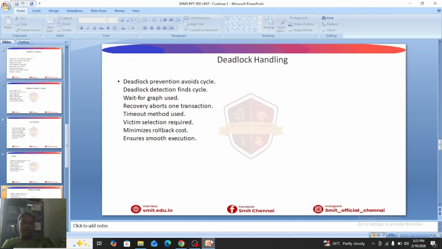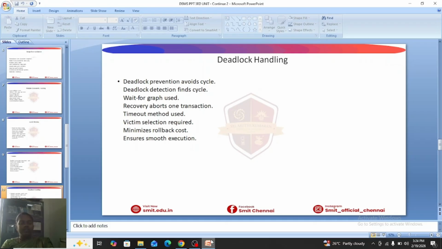Moving on to deadlock handling. Deadlock handling refers to techniques used by a database system to manage, prevent, detect, and recover from deadlocks during concurrent transaction execution. Deadlock occurs when transactions are permanently waiting for each other's locks.